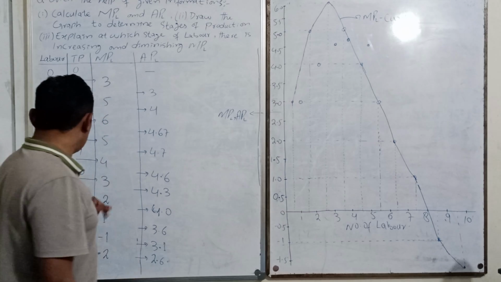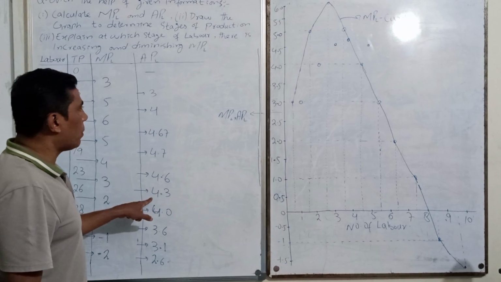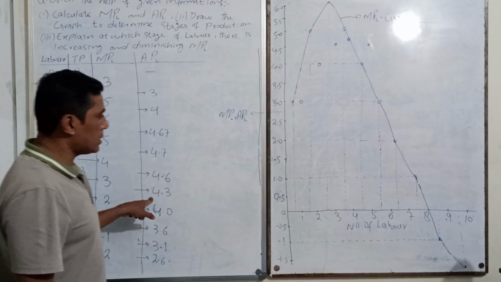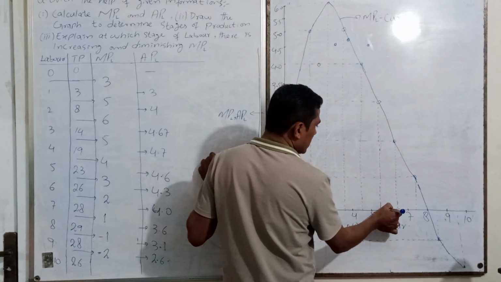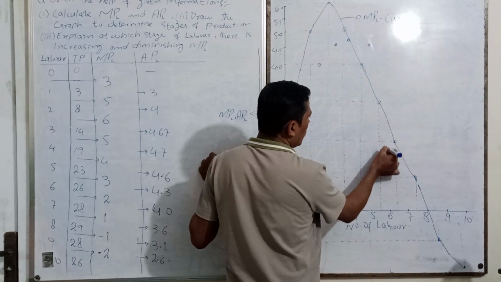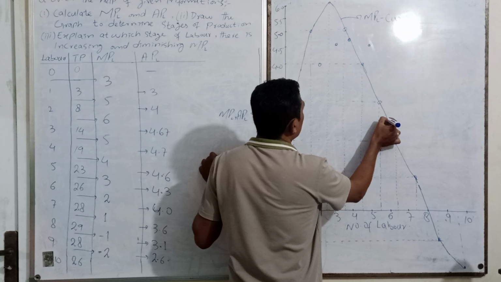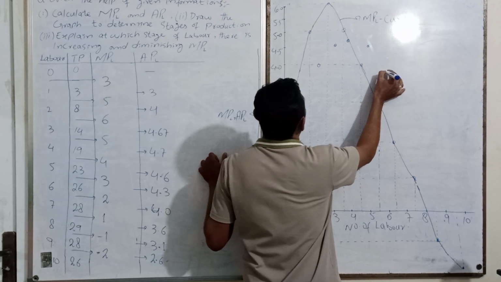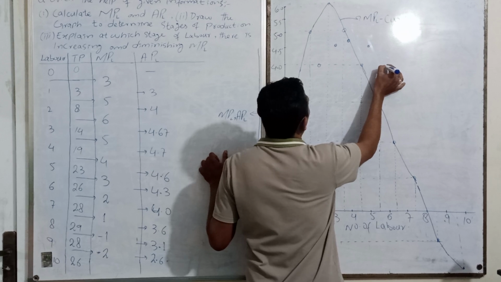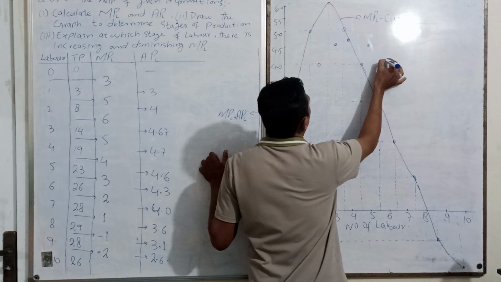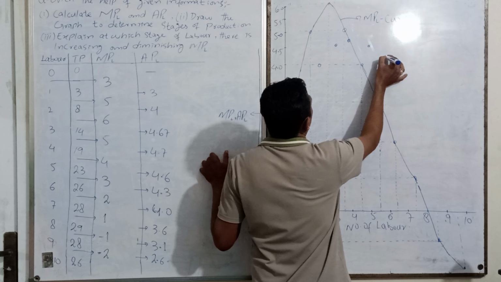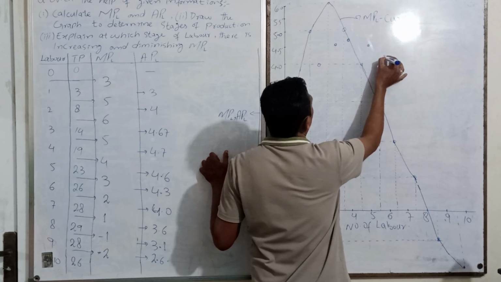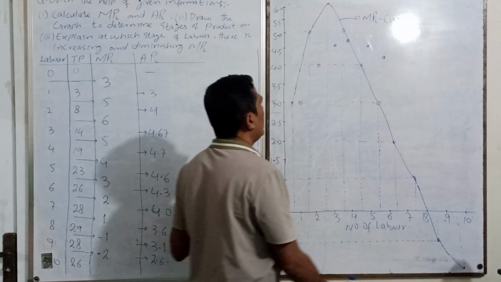Then 4.3 at 6 units of labor. Where is 4.3? 4.3 will be less than 4.5. I think it should be here. This is 4.3.